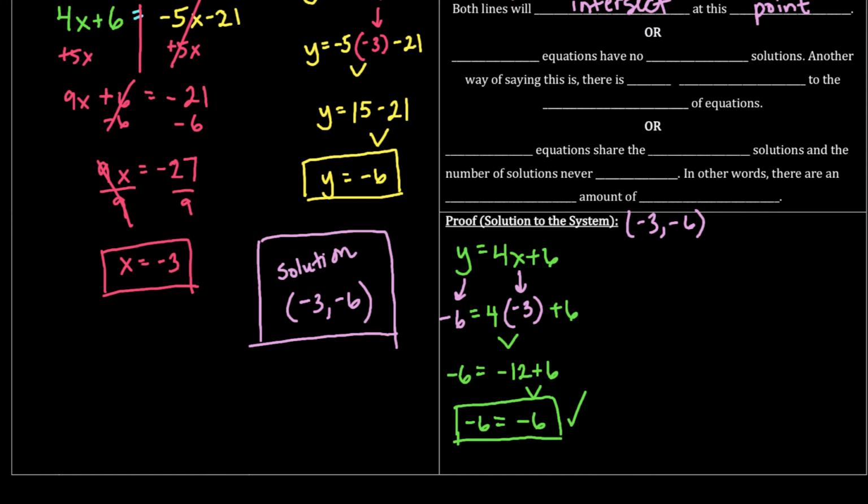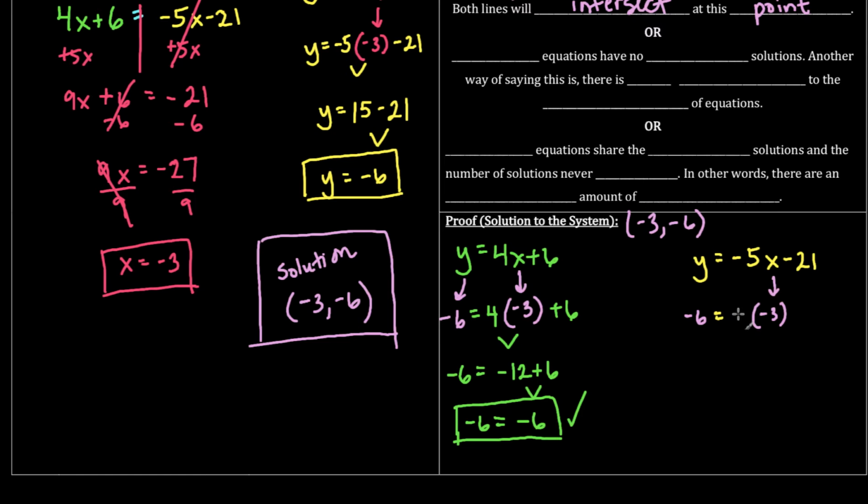Let's prove that it works for the second one also. This one is y equals negative 5x minus 21. That x is negative 3 and that y is negative 6.